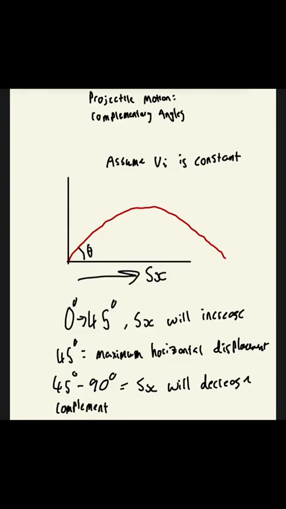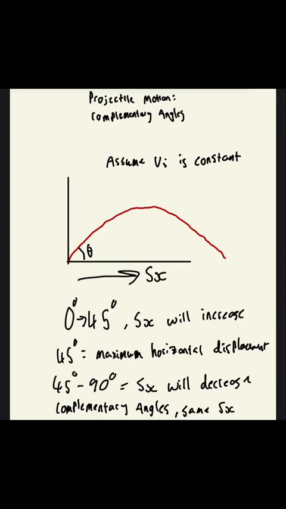Now, any two angles that add to 90 degrees, so it could be 80 degrees and 10 degrees launch angles, they will have the same Sx, the same horizontal distance. So hopefully that makes a bit of sense.